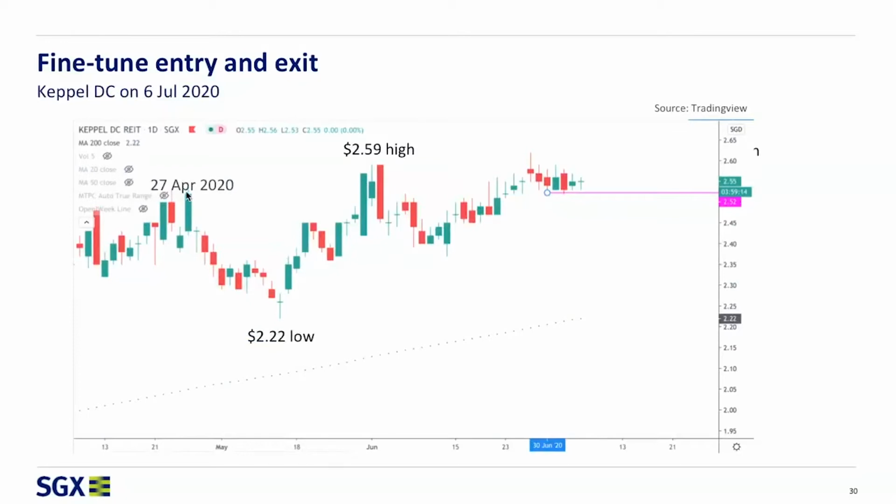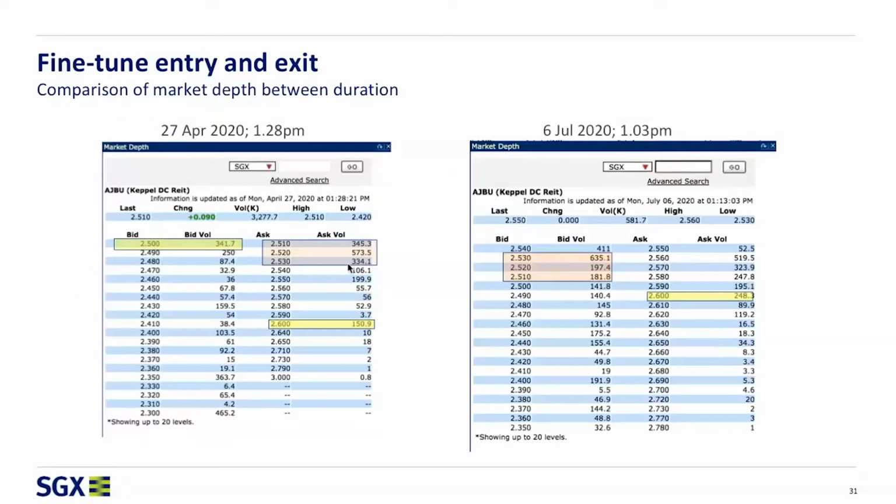However, what changed on the 6th of July? On the 6th of July, I presented and argued that in April, the 252 block, 251, 252, 253, was a resistance price ceiling because that volume happened to be on the ask side.